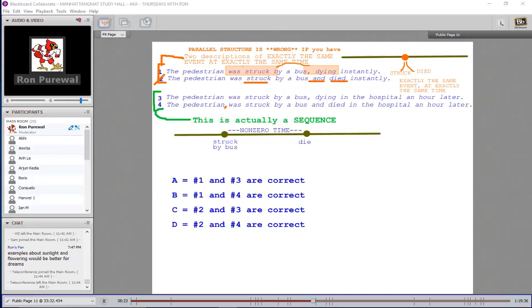So there, you actually want to have this and that. Okay, so this is one that makes sense. Number 3 doesn't make sense because comma dying does not describe this other event. So number 1 is correct and number 4 is correct. Give me a smiley if that makes sense.